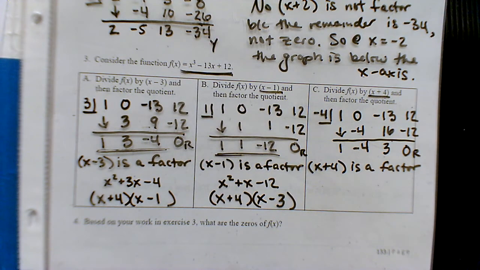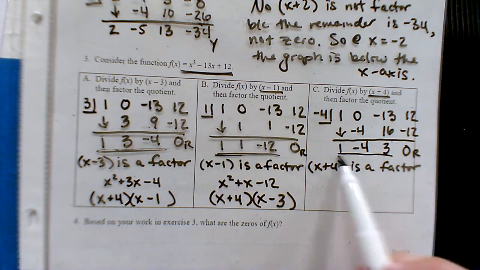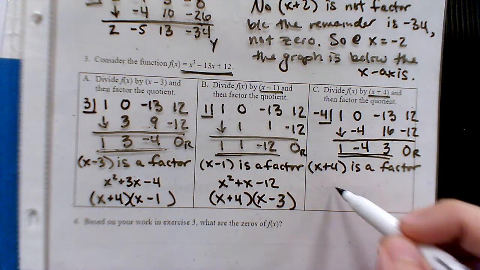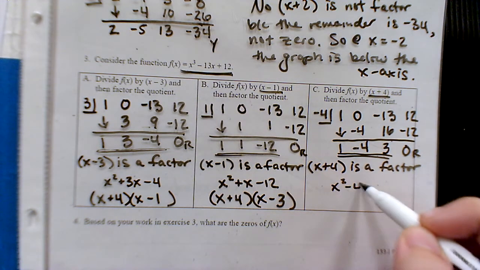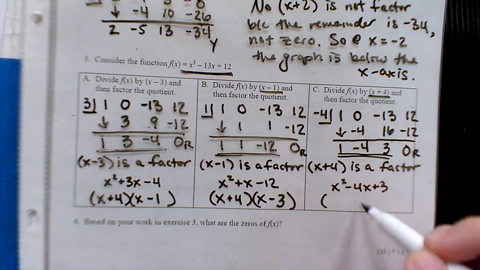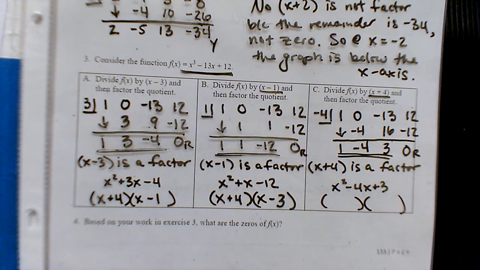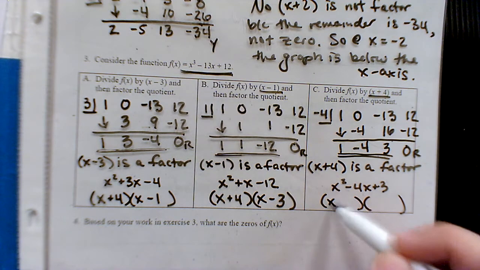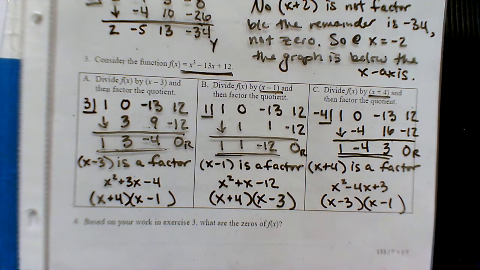Okay, goes in evenly. So we should be able to take the quotient further as well. In this case, we have x squared minus 4x plus 3. Factoring techniques. Multiply to 3, add to -4. -3 and -1.